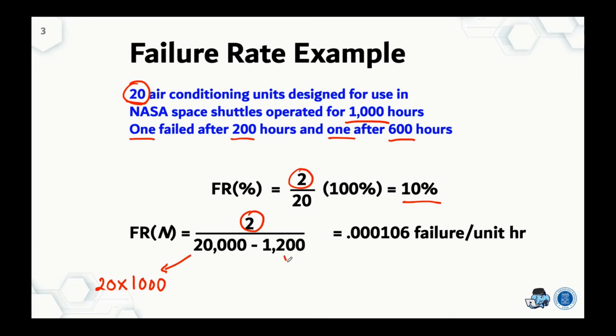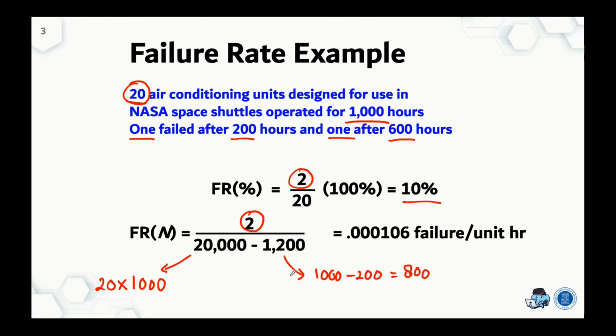And since there are two components that fail, one fails after 200 hours. It means its operating hour is only 200 and non-operating hour is 1000 minus 200, so it is equal to 800.